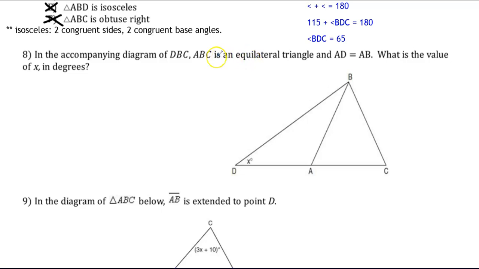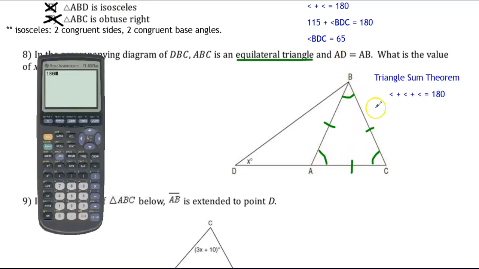In the accompanying diagram, it says ABC is an equilateral triangle. We're going to label where it says equilateral triangle. ABC means from A to B to C. All of these sides are the same, and all of these angles are the same. It also means that every angle is going to be equal to 60 degrees, and I'll show you why. The triangle sum theorem says that all three angles in a triangle have to add up to 180.